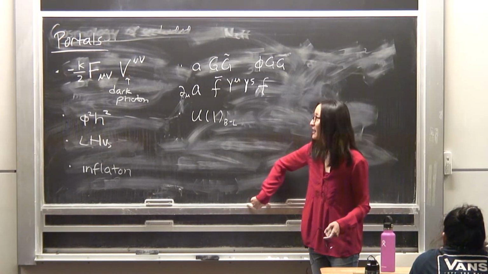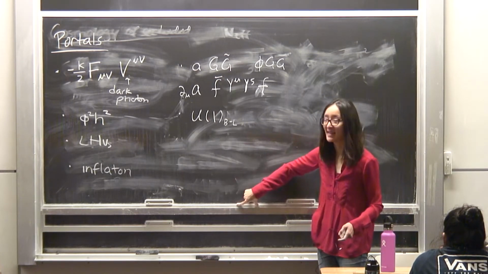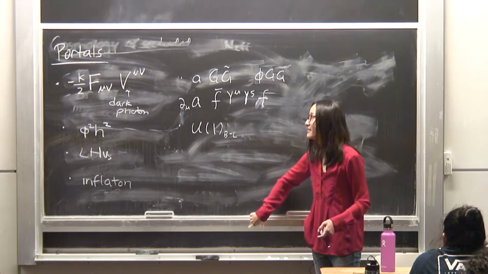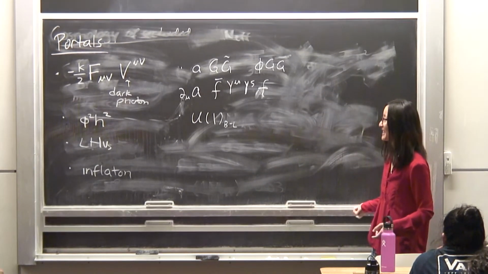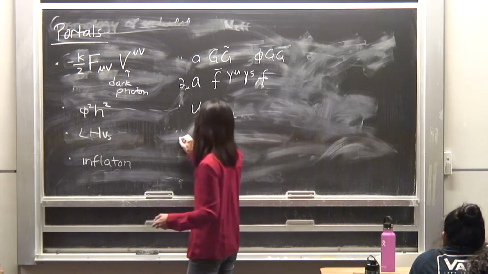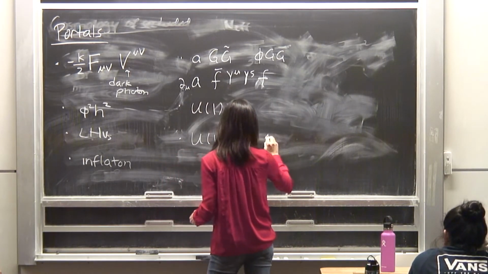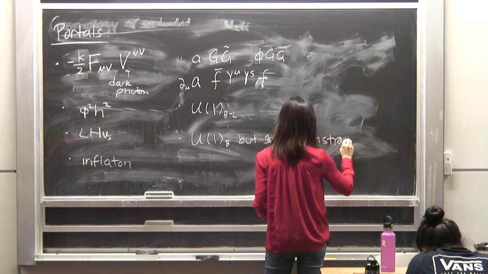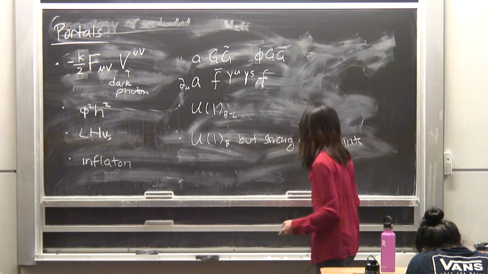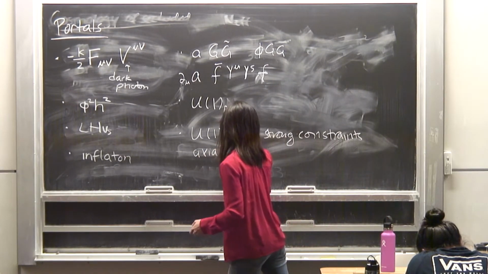Just be careful, there are extremely strong constraints if you pick something with anomalies or something you cannot UV complete respecting standard model gauge invariance. So there are extremely strong constraints on U(1) baryon, for instance. And also axial couplings, there are extremely strong constraints.